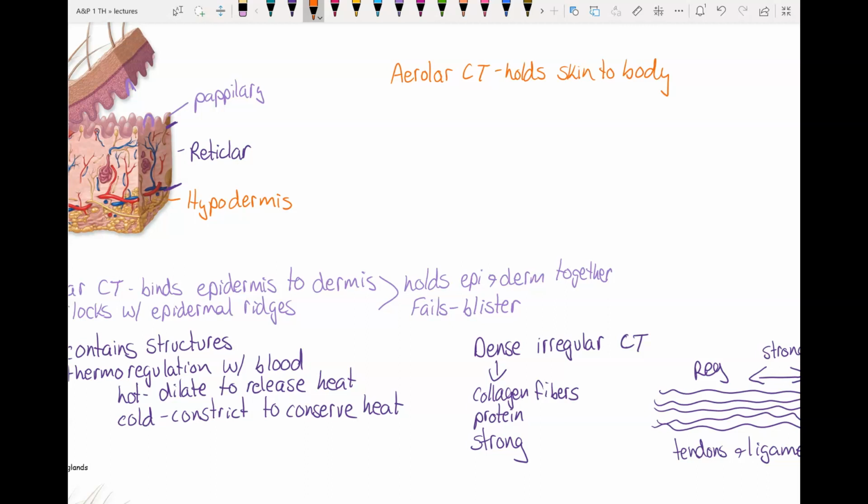It's also full of adipose. So you have that layer of fat just under your skin. And this adipose serves some functions. For one thing, it insulates to keep you warm. It also cushions to protect your internal organs and all the structures inside you.